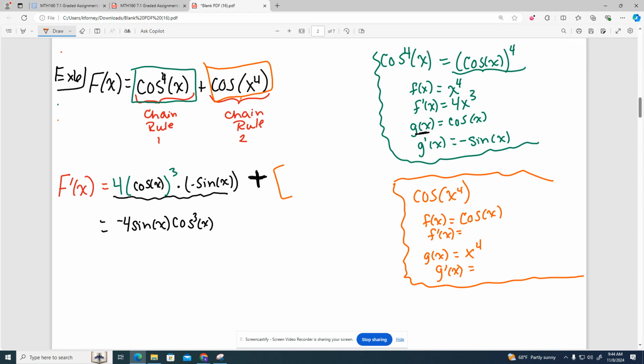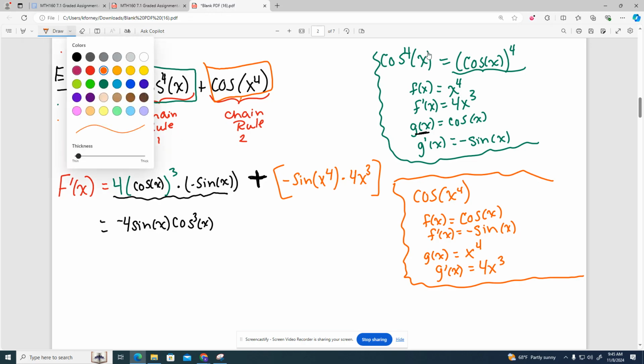So the derivative of f is negative sine, and the derivative of g is 4x cubed. So when I put that in here, applying the chain rule, that would be negative sine, and in place of x, we put the x to the 4th, and then you multiply it by the derivative of the inside function.